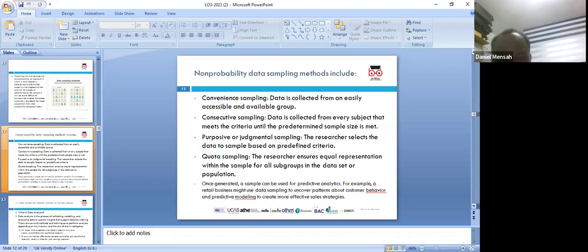Once generated, a sample can be used for predictive analysis. Very key. For example, a retail business might use data sampling to uncover patterns about customer behavior and predictive modeling to create more effective sales strategies.